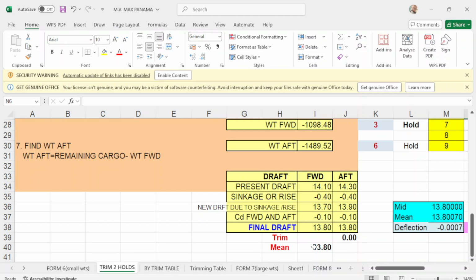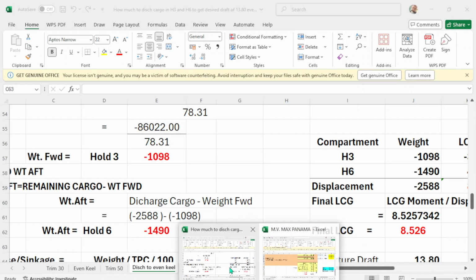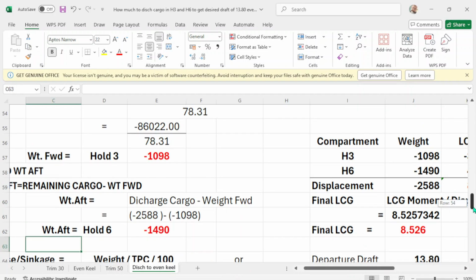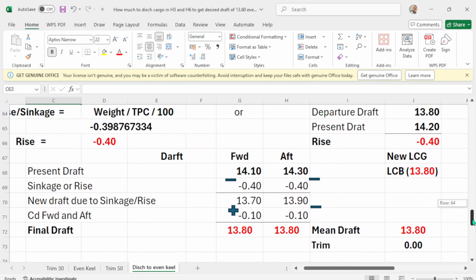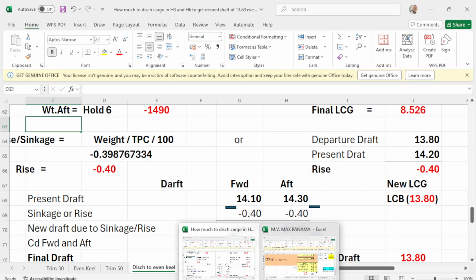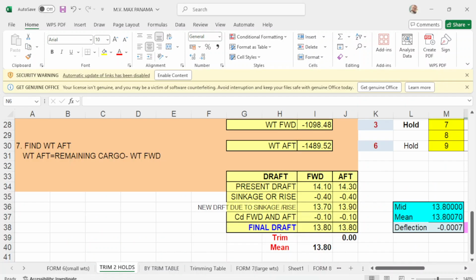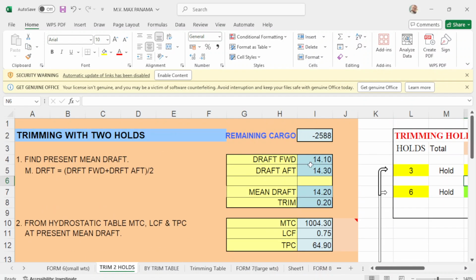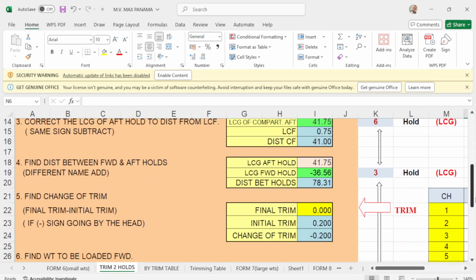Okay, take note, this one is the same as this. I made this one. Your present draft forward is 14.10, aft draft is 14.30, which is your initial draft.